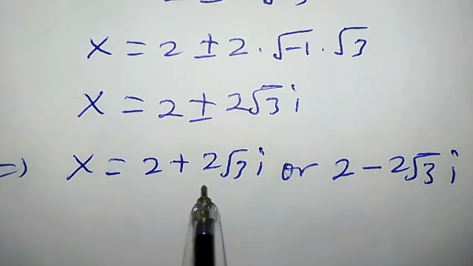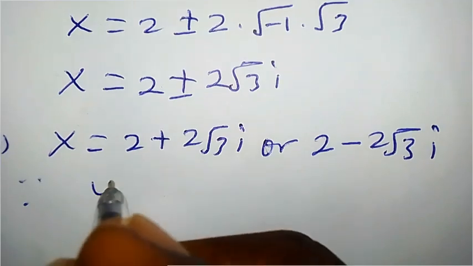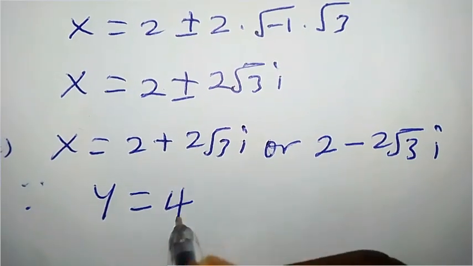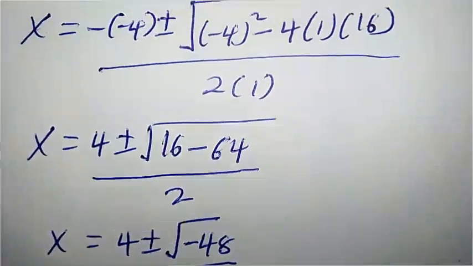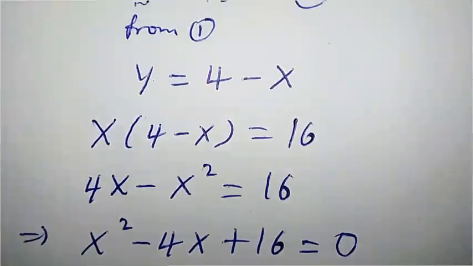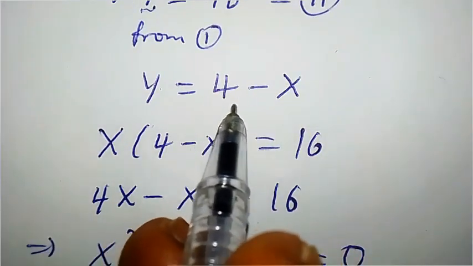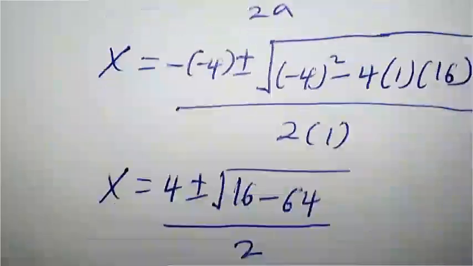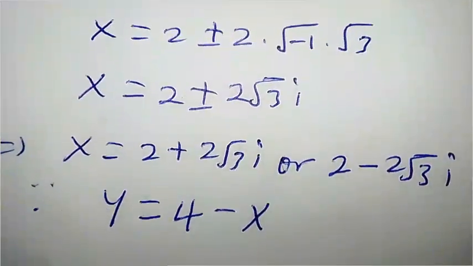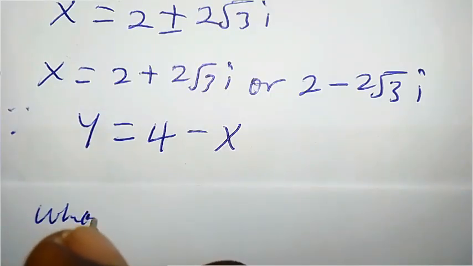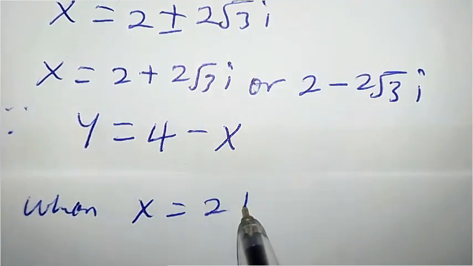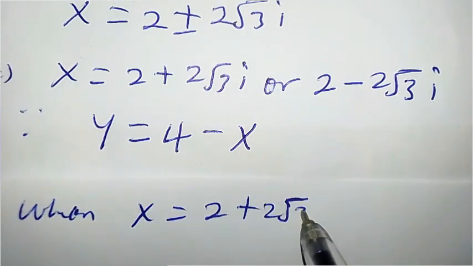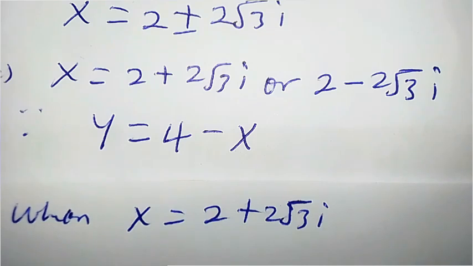We can now use these two values of x to obtain the value of y. Since y is equal to 4 minus x, from equation 1, let's proceed further. When x is equal to 2 plus 2 root 3i, what is the value of y?